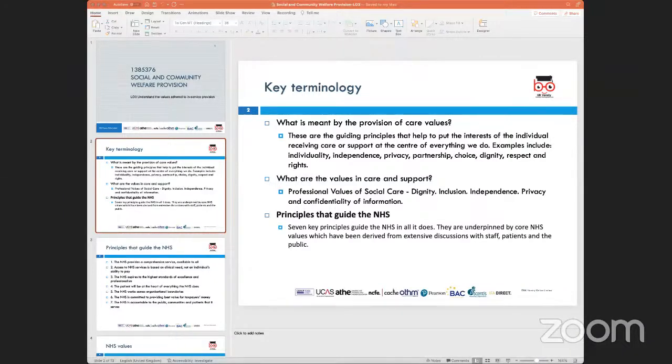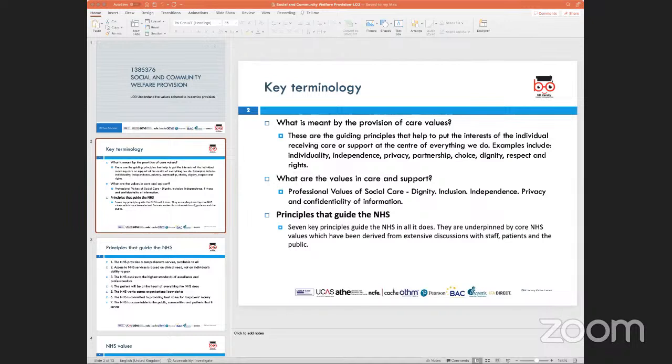In those cases, the values include individuality, independence, privacy, partnership, choice, respect and rights. These are the main values that we are going to be looking at when healthcare services are being provided to members of public.